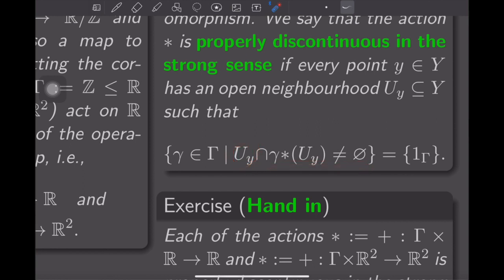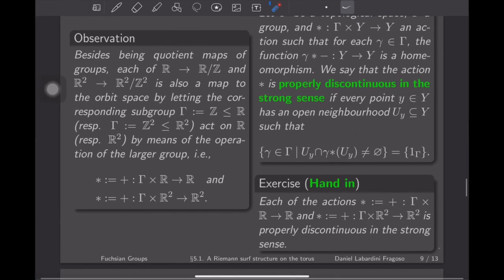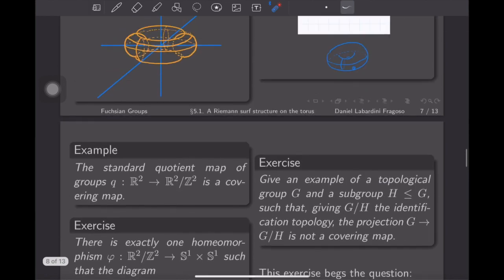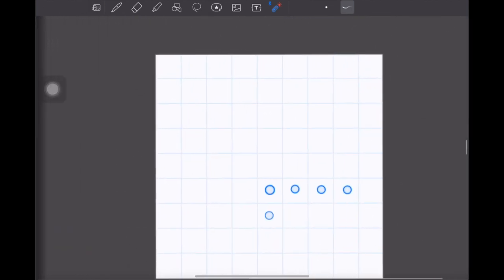is only the identity. And every point has one such neighborhood. So every point in R2 has a neighborhood with the property that every element of Z square different from the identity moves the neighborhood sufficiently far away. That's somehow in the picture here.